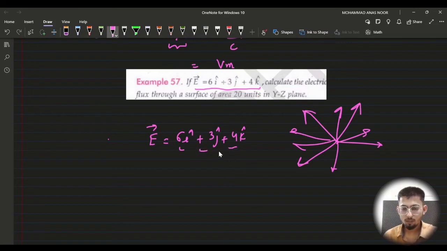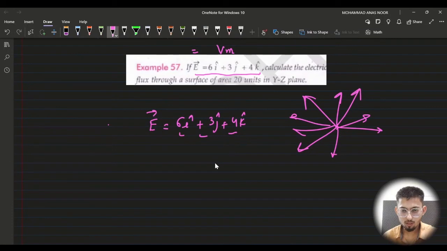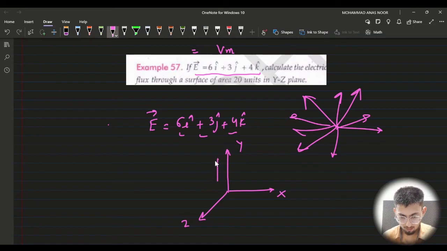But we need to find the flux through the surface of area 20 units in the YZ plane. So first of all, this is the YZ plane, and we can draw an area in this.